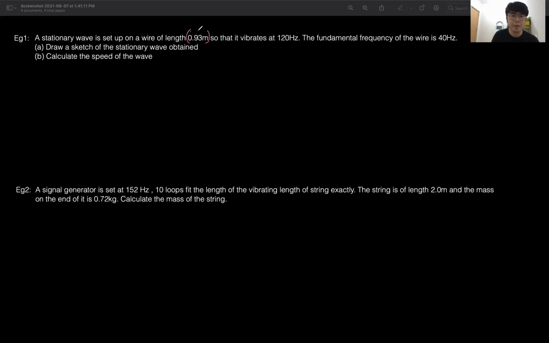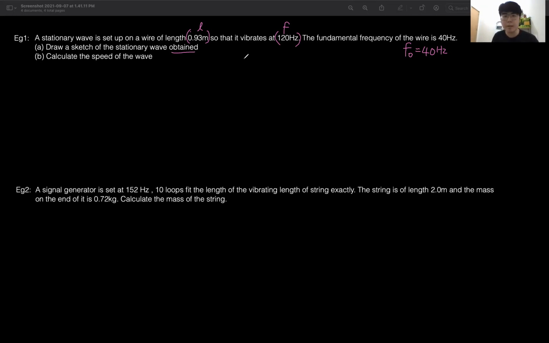This is L, so that it vibrates at 120 Hertz. That's the frequency. The fundamental frequency of the wire is 40. So it's given here, f0 is 40 Hertz. Draw a sketch of the stationary wave obtained. So meaning draw the pattern.